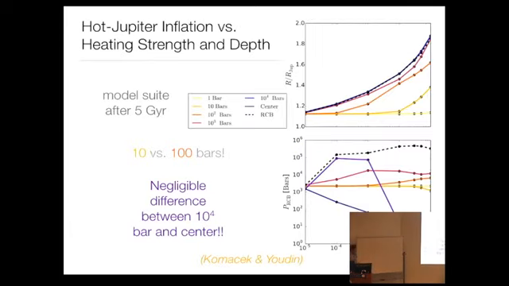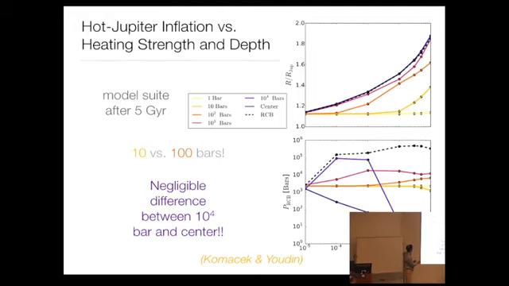Just to emphasize that again, this is our full model suite, where we're varying the amount of heat added. This is showing the radius of the planet after 5 gigayears versus the amount of heat that's added, from 10%, 1%, down to 10 to the minus 5 of the solar radiation. You can see here that obviously the more heat you add, the more inflated the planet gets.